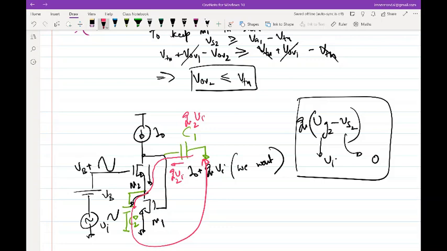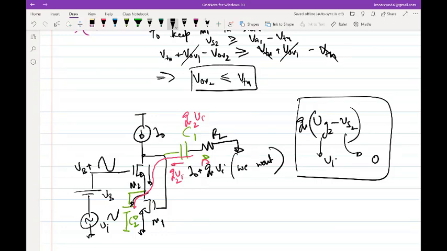Take that R and place it anywhere in the loop, and observe the voltage across that R. In this case, this is RL.